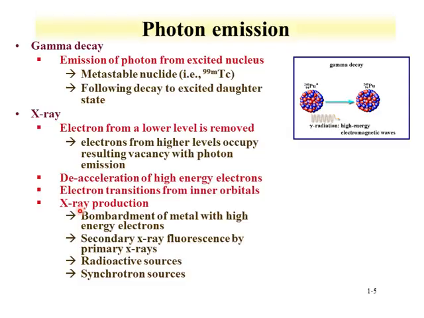When we have X-ray production, if we bombard a metal with a high energy electron, we can produce X-rays in that method. There's also synchrotron light sources in which electrons are accelerated and held in a ring, and these sources produce X-rays, which we will talk about when we talk about advanced light sources.